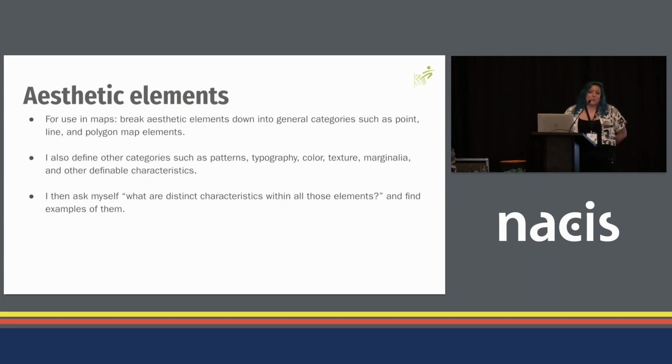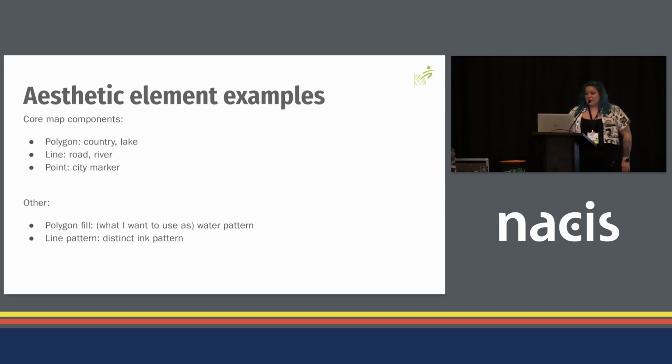If it's an old map, it's probably going to have a lot of marginalia pieces. Also add any other definable characteristics that you think would help give that feeling of the old style, or whatever style you're trying to recreate. And what are the distinct characteristics within all of those elements? You're going to take each aesthetic element and break it down even further, which I will, of course, explain.